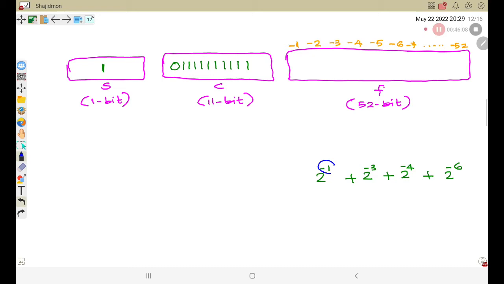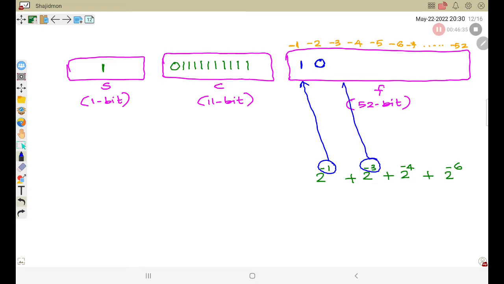See, 2 power minus 1. That means minus 1th position, we have a 1 bit. So write 1. Minus 2, we don't have a number here, so just write 0. Correct. Now, minus 3, see 2 power minus 3, that means we have the minus 3rd position.